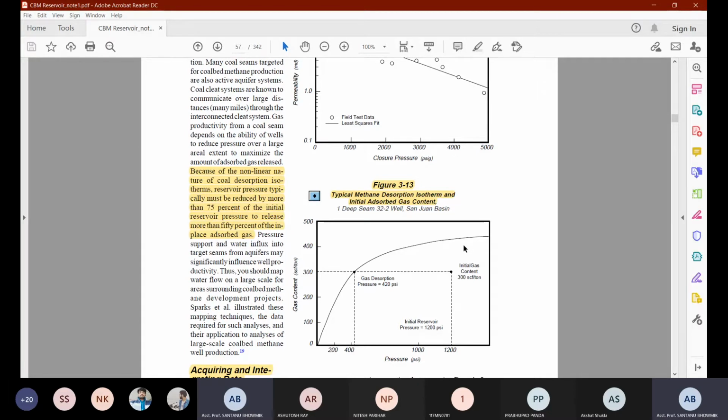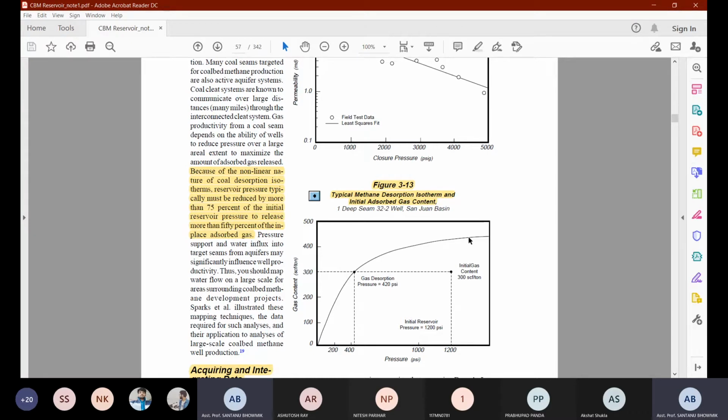Whenever you see this type of graph, you can understand how much gas content is possible for this particular reservoir at this particular temperature and pressure. The temperature is constant, because it is an isotherm. As you increase the pressure, the graph shows you the total capacity.